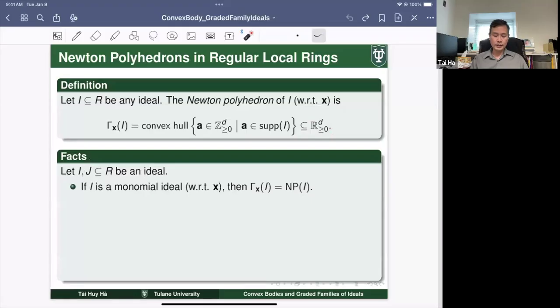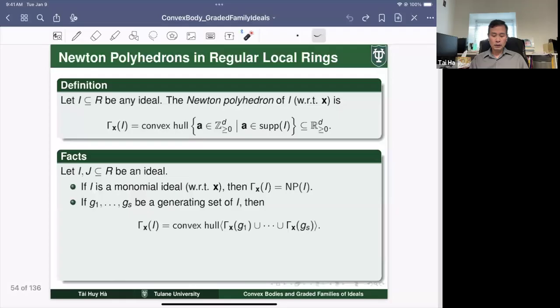So, of course, if we start with a monomial ideal to begin with, then this is nothing but the Newton polyhedron of I that was defined by Huneke and Swanson. One interesting fact about this construction is we don't have to go through every element inside I and its supports.